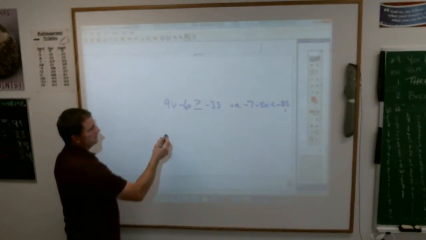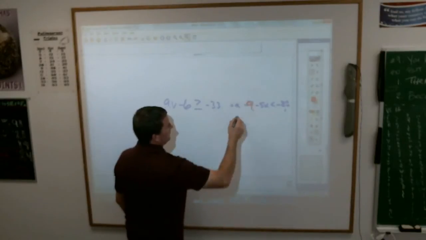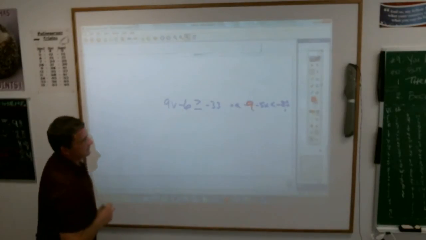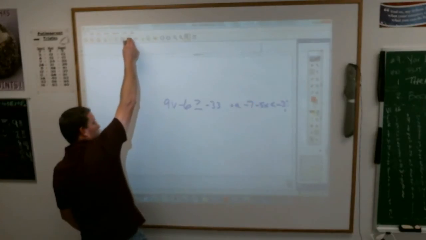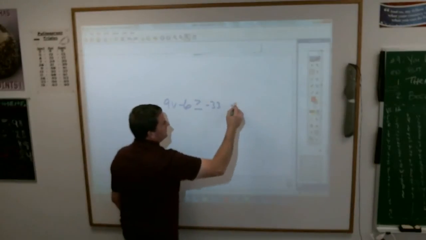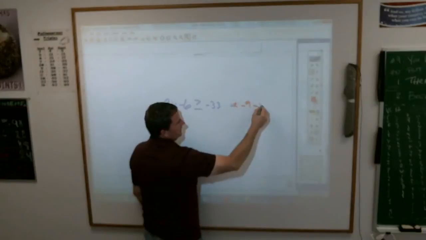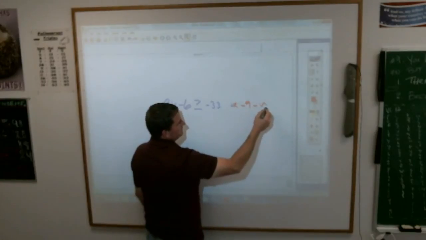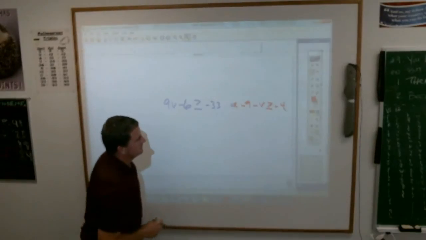No. Did I write the whole thing down wrong? Tell me it again. What's this or what? Negative 9, negative V, then greater than or equal to negative 4. Okay, sorry about that.